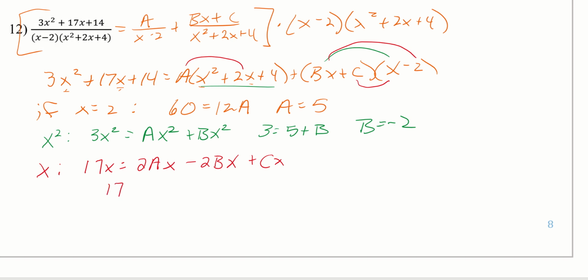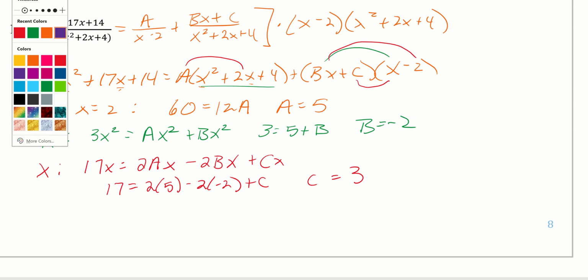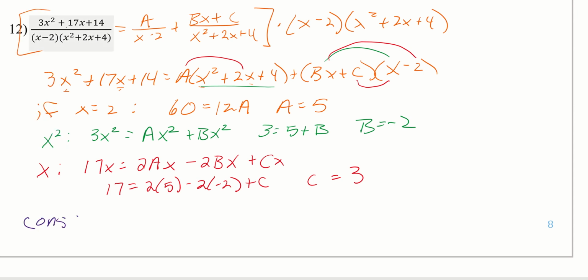Now we know 17, we know what a is, we know what b is, and then we're trying to find c. So if we solve this out, on the right hand side we have 10 plus 4, so 14, 17 minus 14, c is equal to 3. Our last one, woohoo! Good job, you guys stuck through this. So constant, on the left we have 14, here we have a times 4, so 4a.